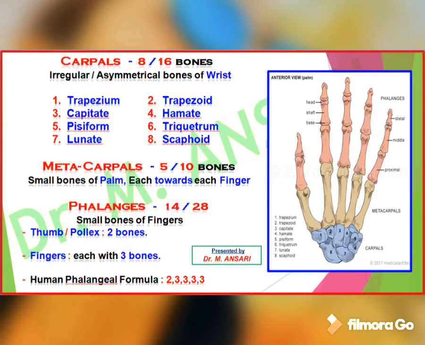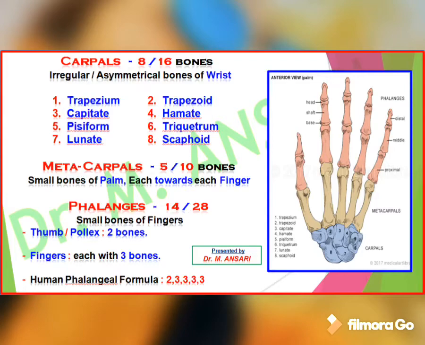A total of 8 carpals are present in the wrist region, which are irregular or asymmetrical in shape. These carpals are trapezium, trapezoid, capitate, hamate, pisiform, triquetrum, lunate and scaphoid.